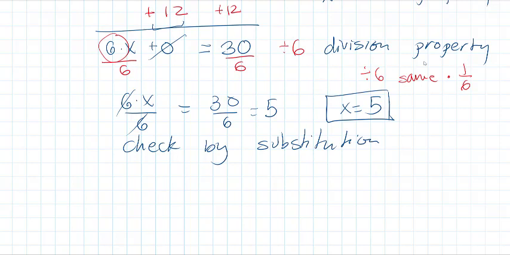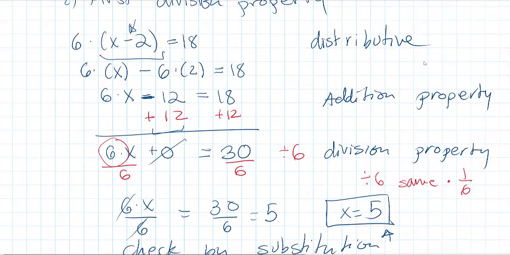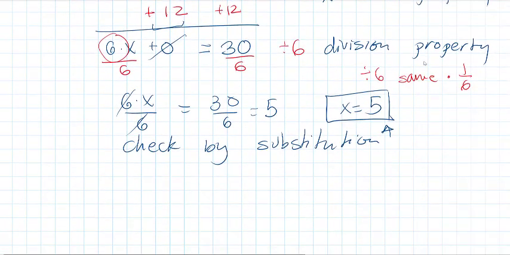So we take x equals 5 and substitute that in our equation. Our equation was 6 times x minus 2 equals 18. So 6 times (x minus 2) equals 18, and x equals 5.